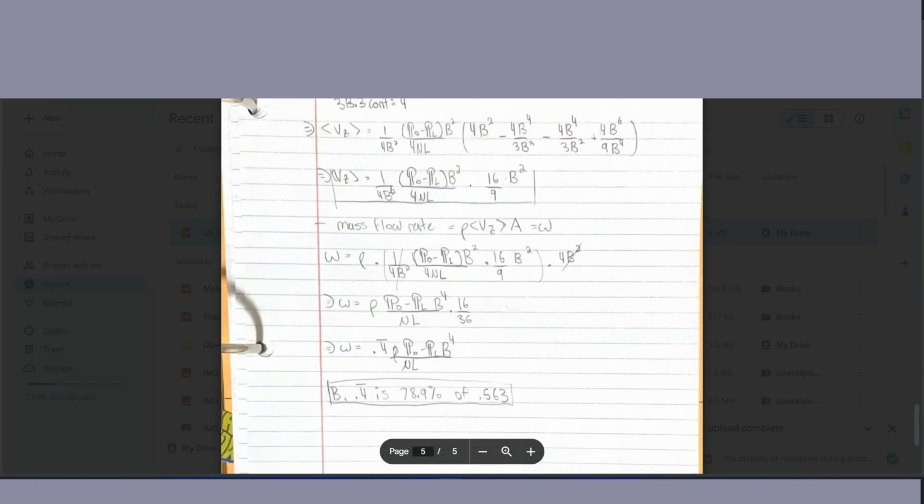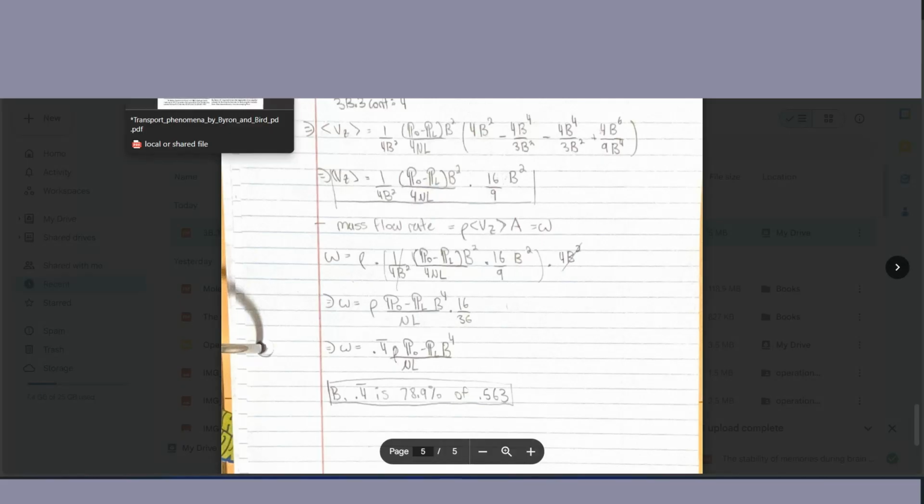So now mass flow rate equals rho times average velocity times A. And again, this A from the average velocity will just cancel out. So basically you're just canceling these out, multiplying by rho, and then you bring this 4 out to 16 over 19, get 16 over 36.